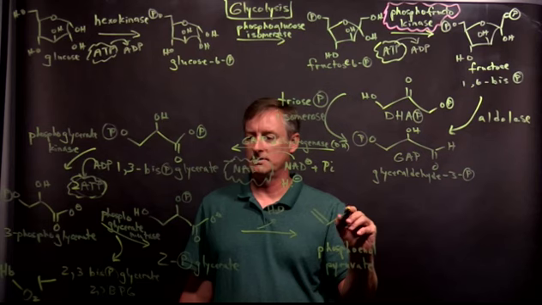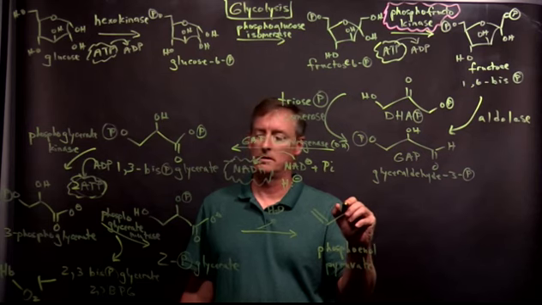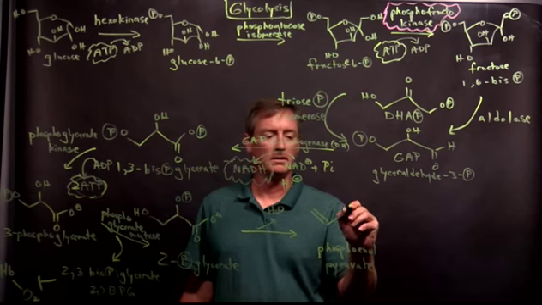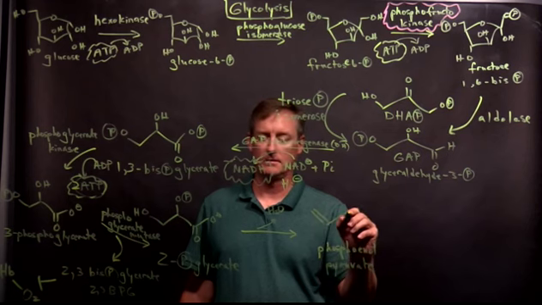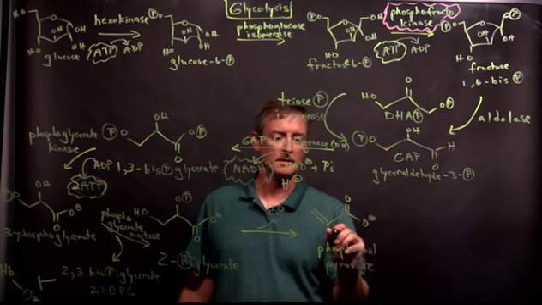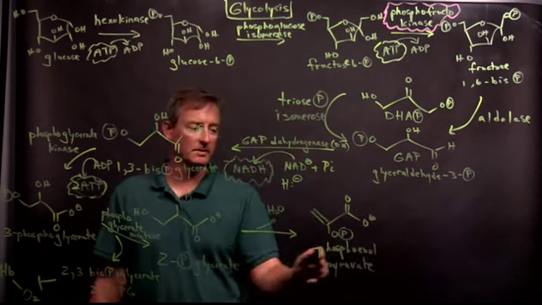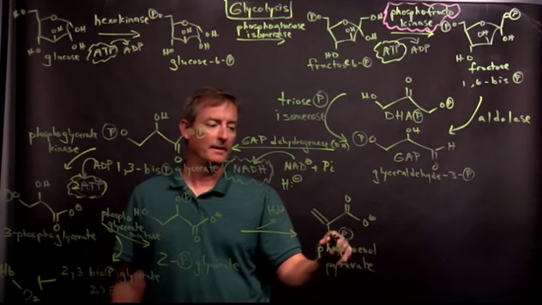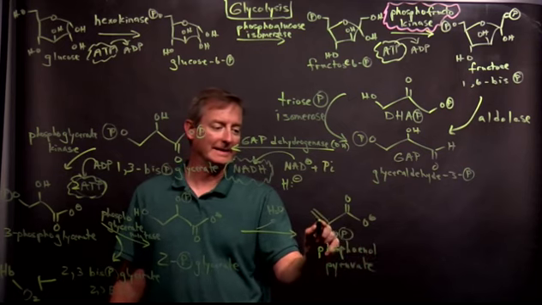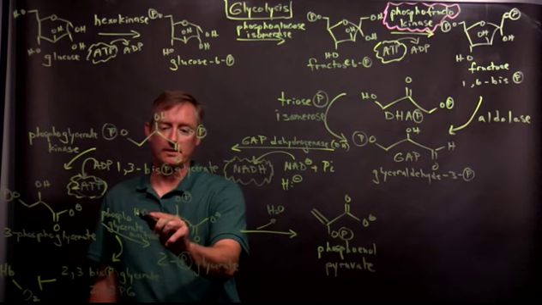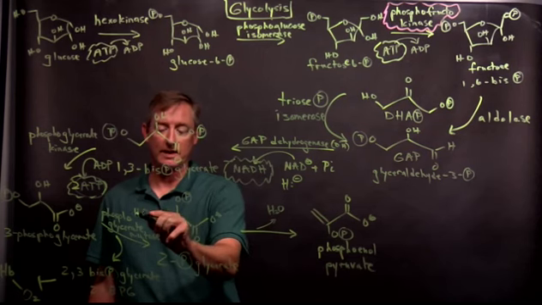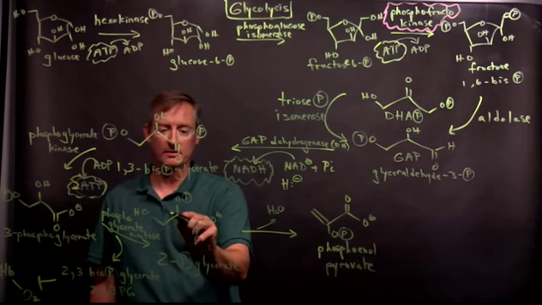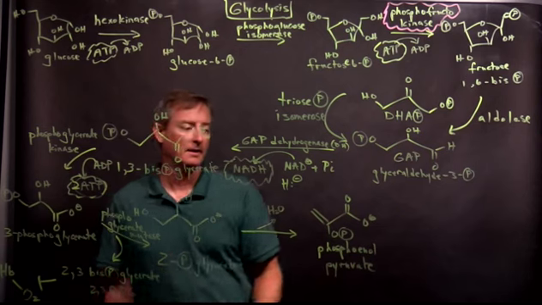H2O. I don't want to have too many oxygens here. Okay, pretty much we've formed an enol, this alcohol group with the ene. We've lost water, an H, another H here, and O to form a double bond here.